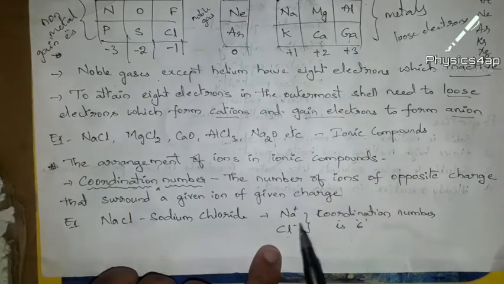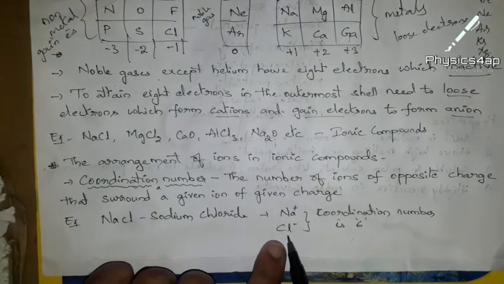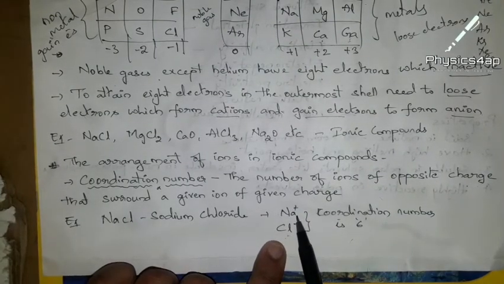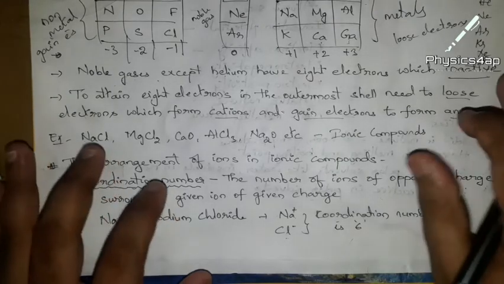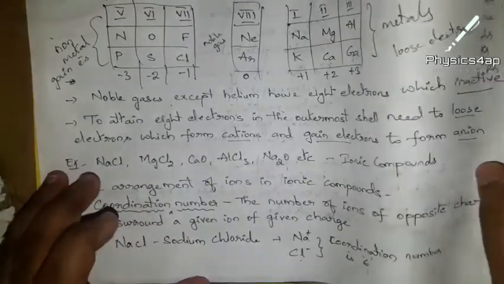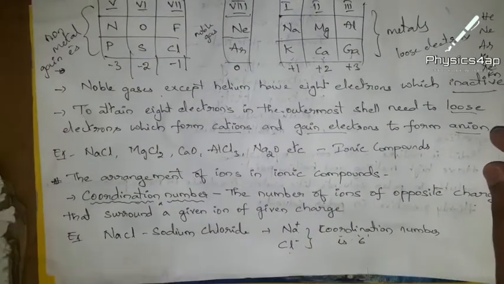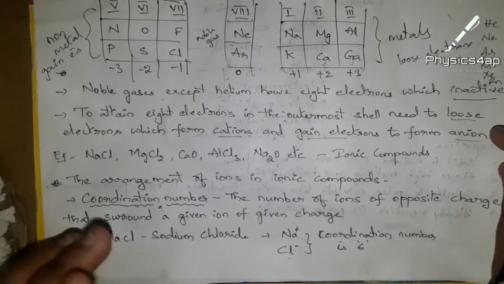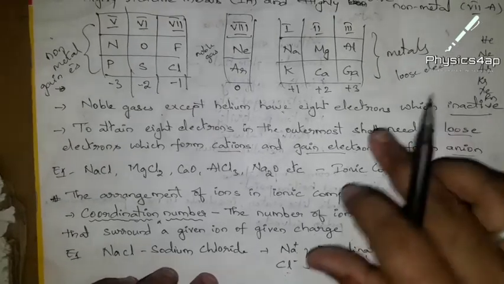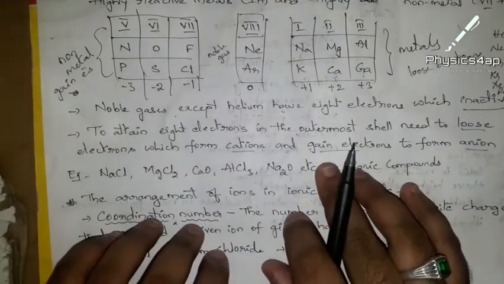And the Cl- is surrounded with 6 Na+ ions, which is the coordination number of NaCl. So this is about the coordination number: how many opposite charge ions are surrounding a given charge is called the coordination number.